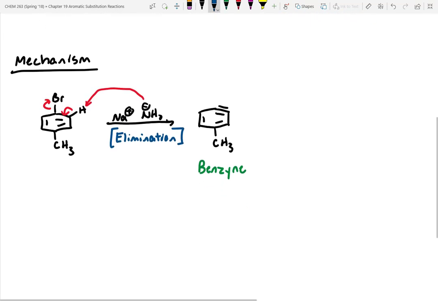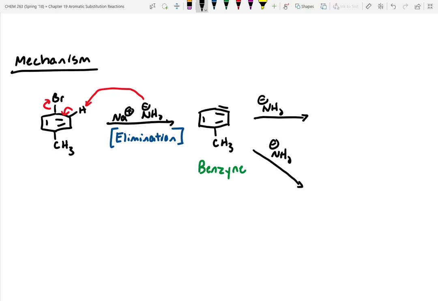All right. And the neat thing with this was in the next step, they actually observed two different products. Both of which involve an attack from the sodium amide. So in the first one, for example, it'll attack this carbon, kick electrons over. You'll get a negative charge plus your aromatic ring.